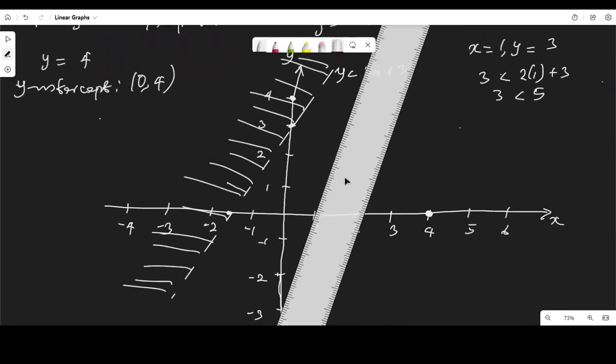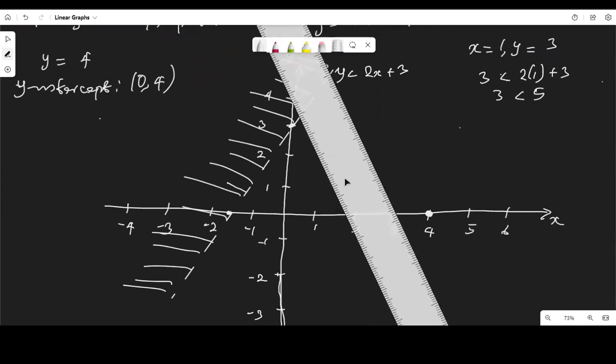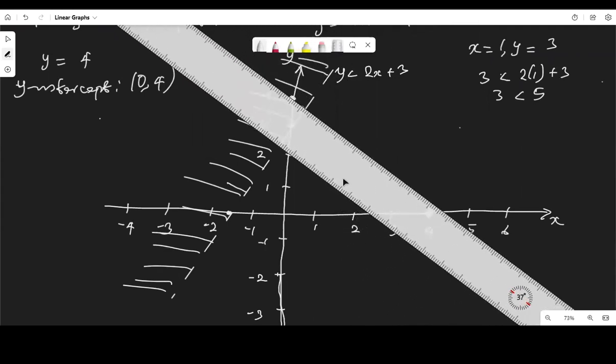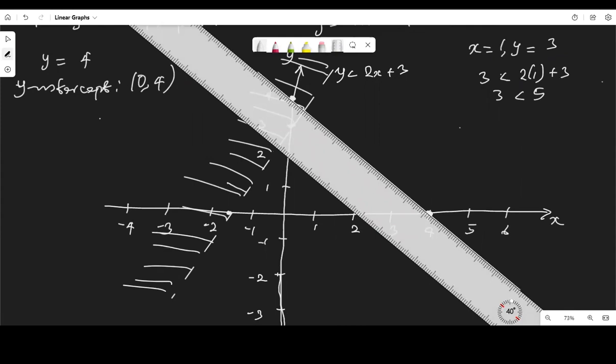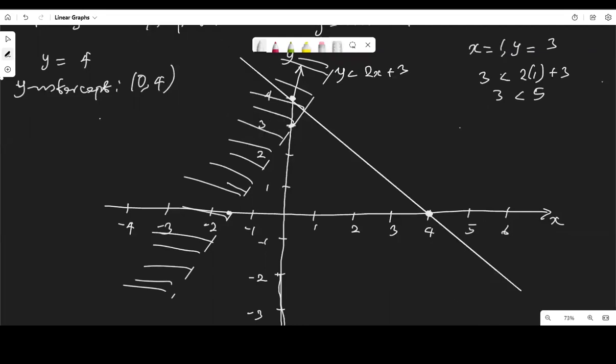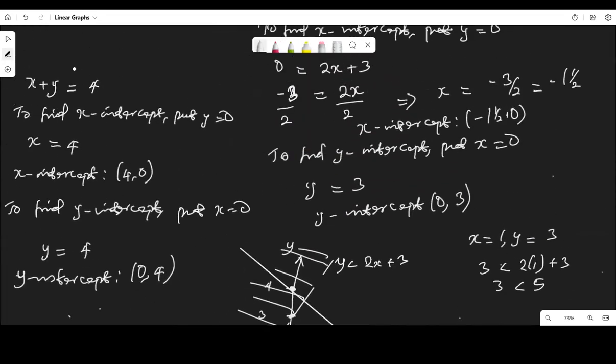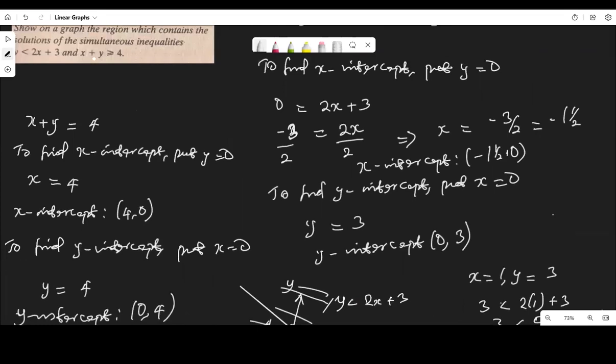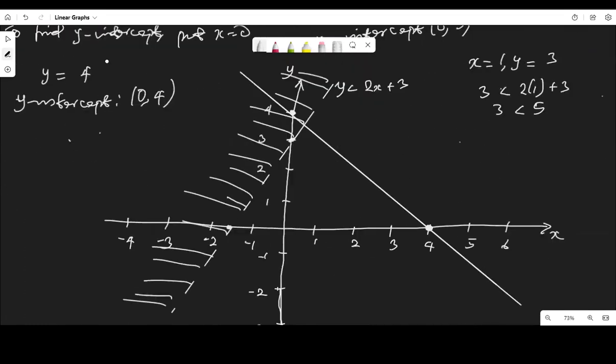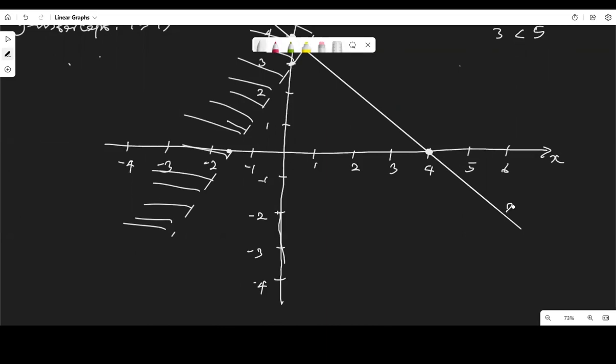So joining this with a bold line, this is the graph for the second inequality. X plus y is greater than or equal to 4. Let me write it on it.